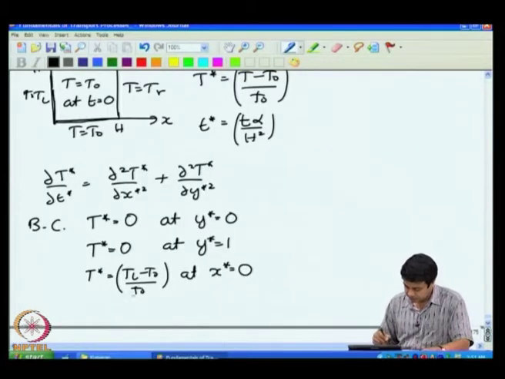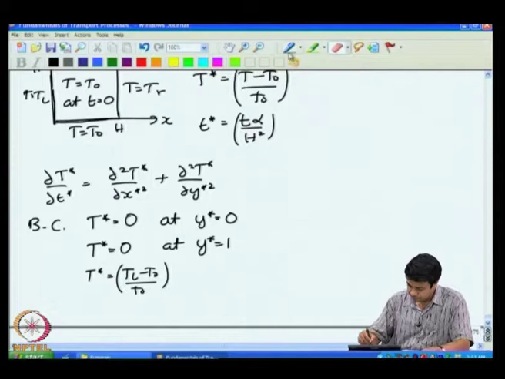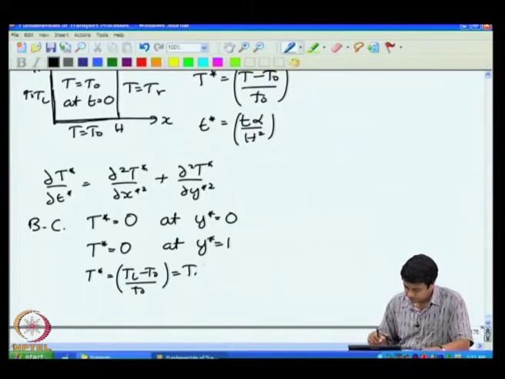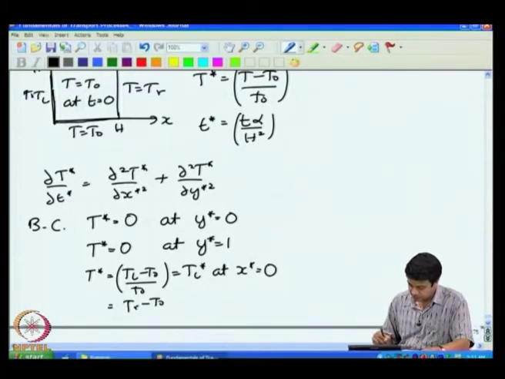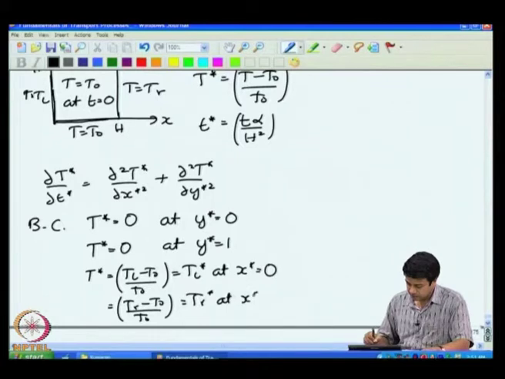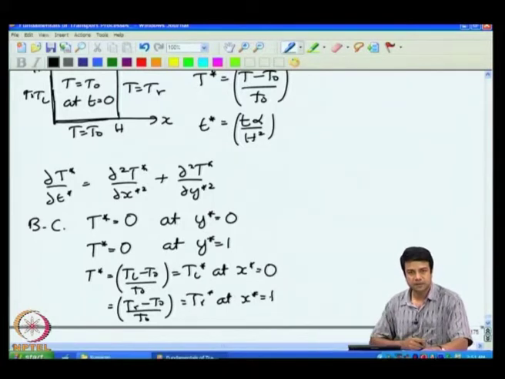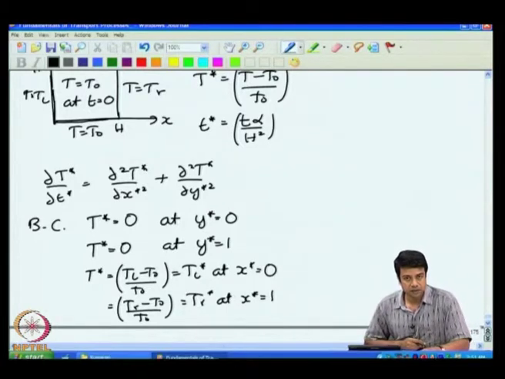And I will call this T L star. At x star is equal to 1, it is equal to T r minus T naught by T naught, which is T r star. So, those are the boundary conditions on the bottom, top, the left and the right.